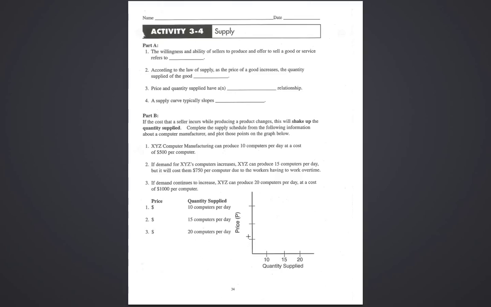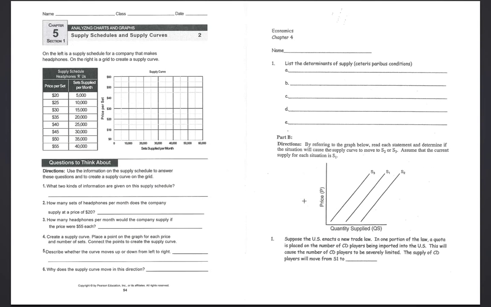So this would be your 500, this would be your 750, this would be your 1,000, and then you're going to come over and plot. At 500, you'll plot a point here. At 750, your quantity is 15, and at 1,000, your quantity is 20, and so your line should slope upward and to the right. Next page.